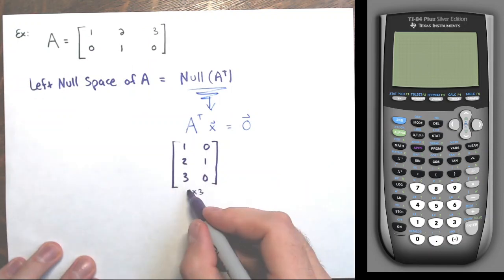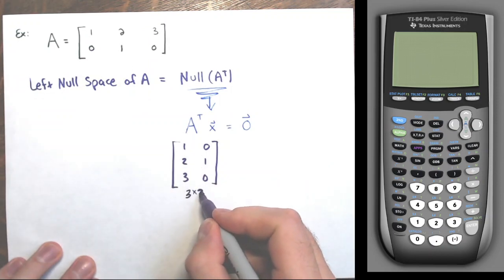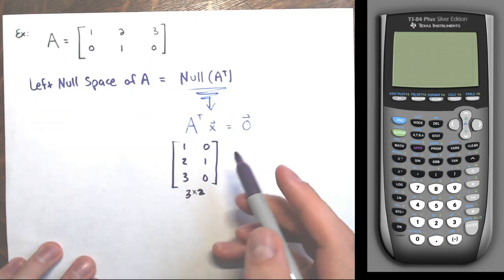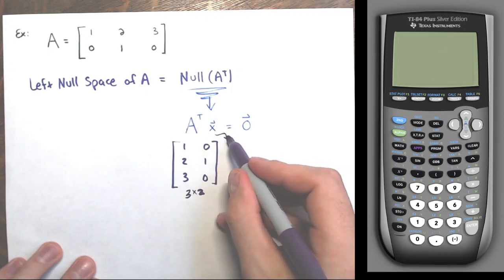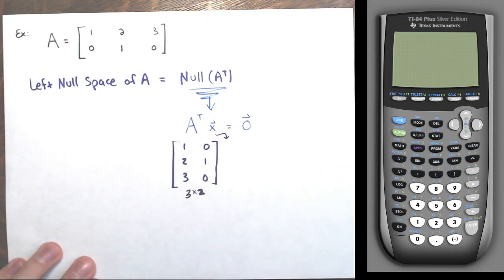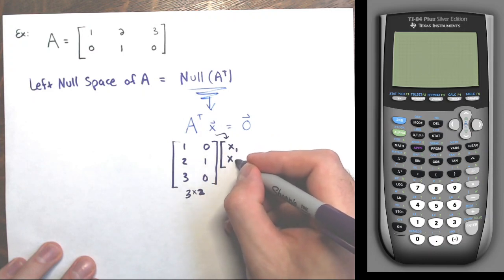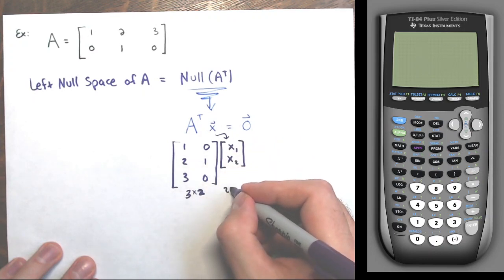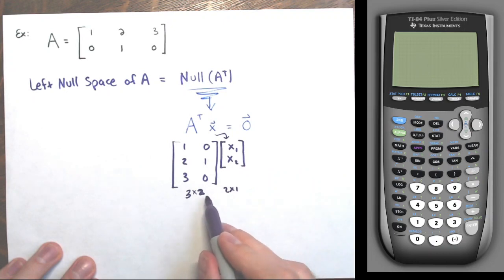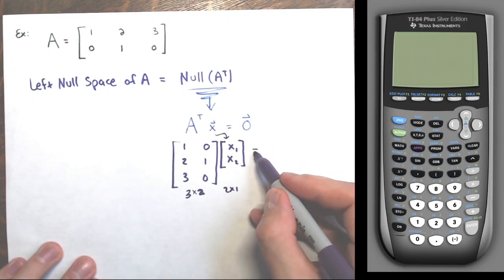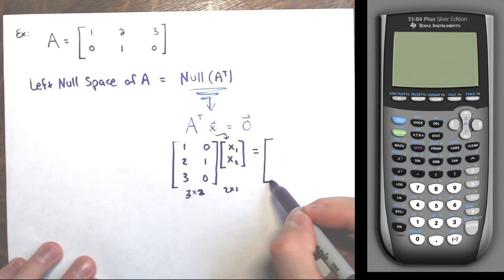This A transpose is a 3 by 2. My bad, 3 rows, 2 columns. So this x here, the vector I'm looking for to make the 0 vector, has 2 components, x1 and x2. It's got to be a 2 by 1, so I'm actually able to multiply these, and this will be equal to the 3 by 1 0 vector.